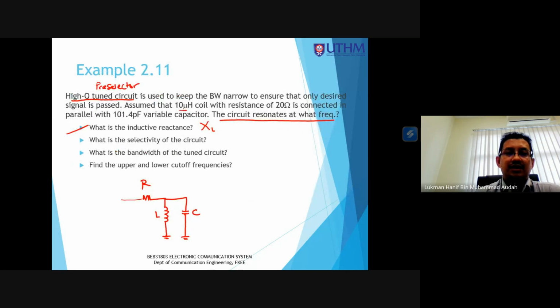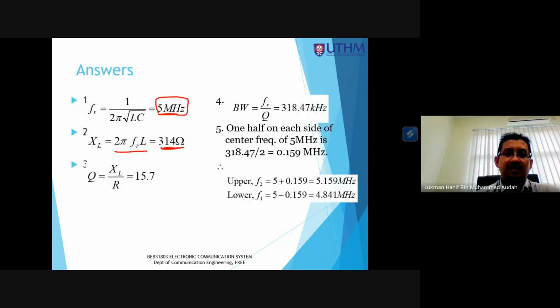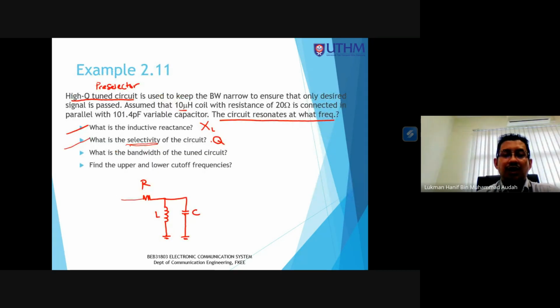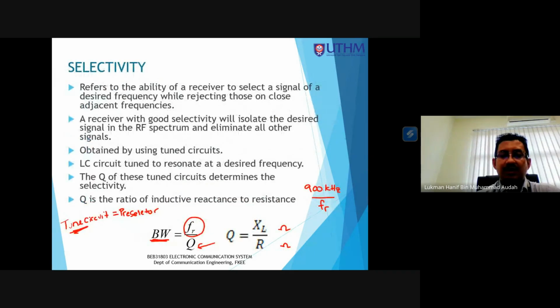And then the third question asks you to find the selectivity of the circuit. So in this example, the word selectivity parameter is referring to the Q parameter. So Q parameter is the inductive reactance divided with the resistance.